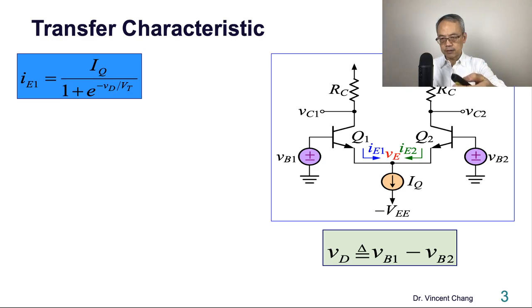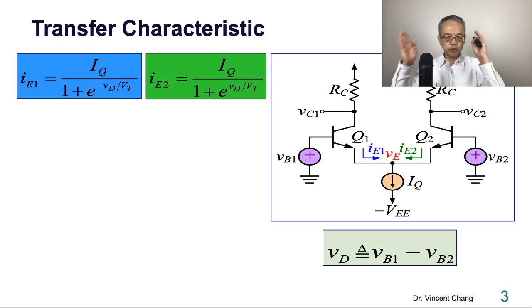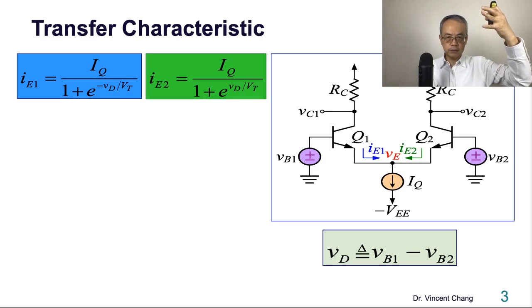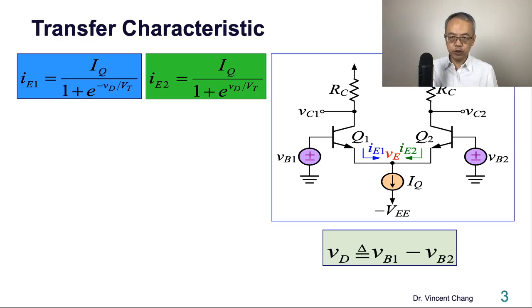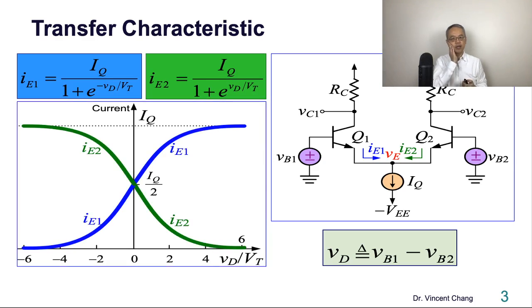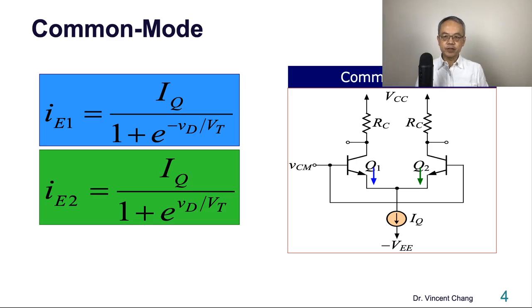In the previous video, Part 1, this has been solved: the two currents with respect to the input differential voltage normalized by the thermal voltage, 25 millivolt. So IE1 and IE2 in terms of the large signal differential input VD.